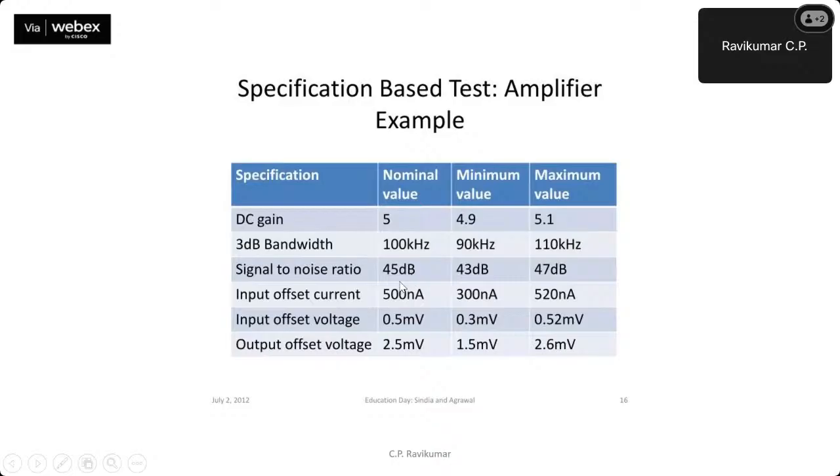And the signal to noise ratio should be this, but there is also an acceptance range. Similarly, input offset current, input offset voltage, output offset voltage, all these are given in the data sheet along with what is an acceptable range.